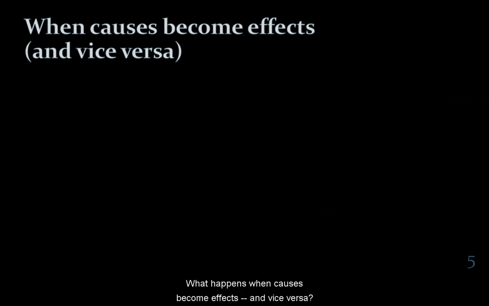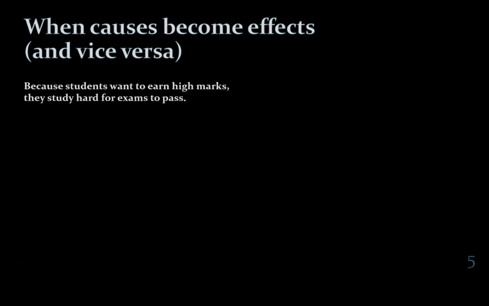What happens when causes become effects and vice versa? We've discussed the chain reaction or the domino effect, how one effect can lead to another effect and it continues. But let's look at an example. Because students want to earn high marks, they study hard for exams to pass. There's two parts to this sentence.